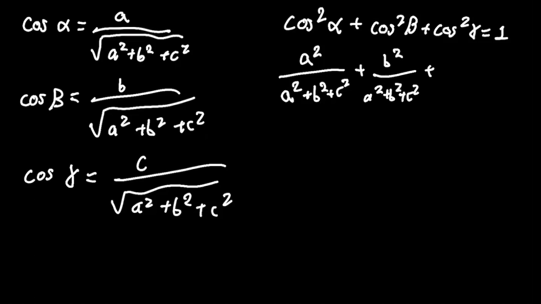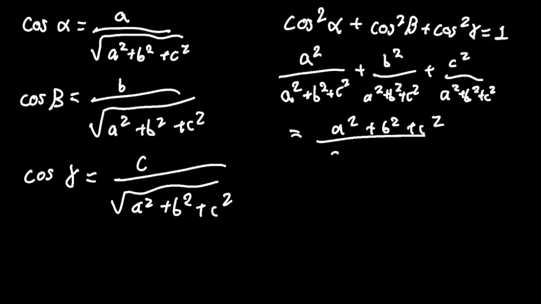And then finally, for cosine gamma, we get c squared over a squared plus b squared plus c squared. And then we can see that we have a common denominator, so we can add up a squared plus b squared plus c squared in the numerator. We can add up the numerators. And lastly, notice that we have the same numerator, same denominator, so these add up to 1. So another interesting equation related to the angles that a vector in space forms between the 3 axes.